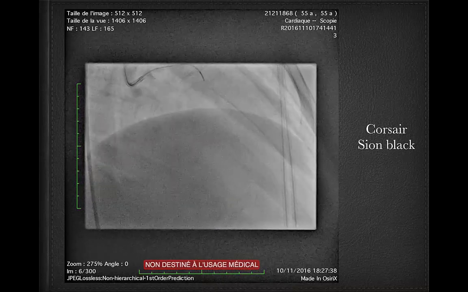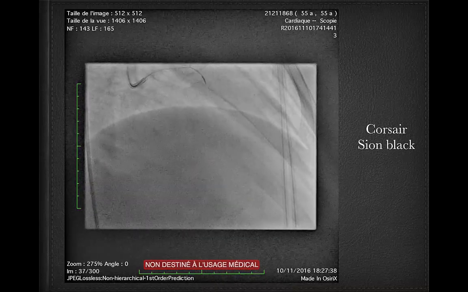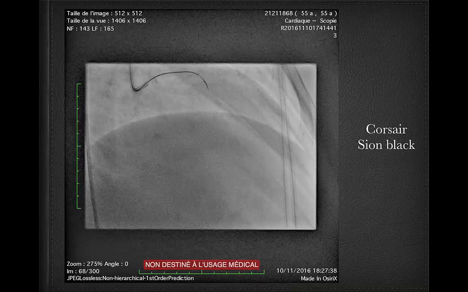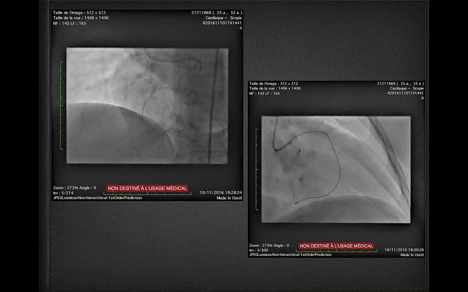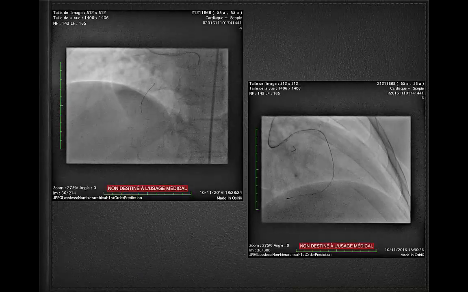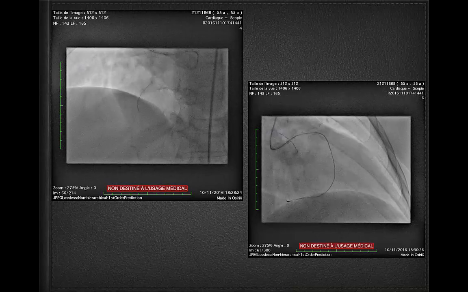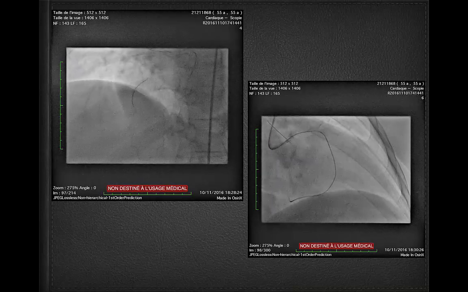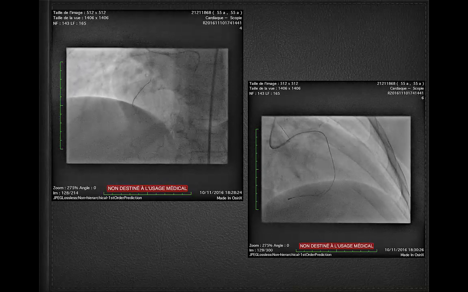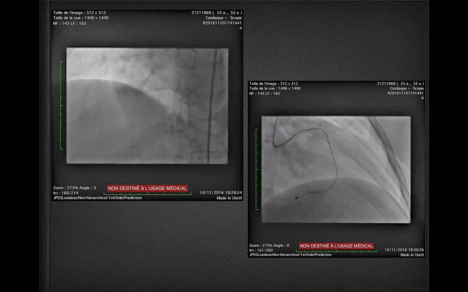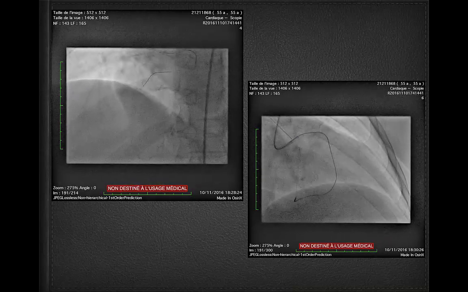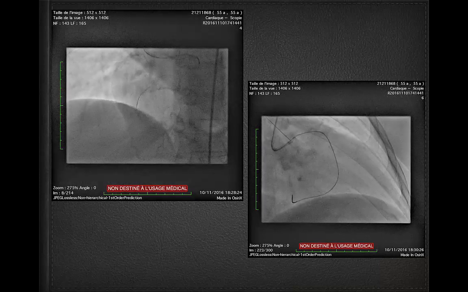Black is a very slick wire. Yeah. It goes many places. Yeah, yes. No, it's so good. So it's real time. So sometimes it's easy to get to the right. So Cyan black was able to advance as far as I can, and you can see all the way to the ostium. Yeah.